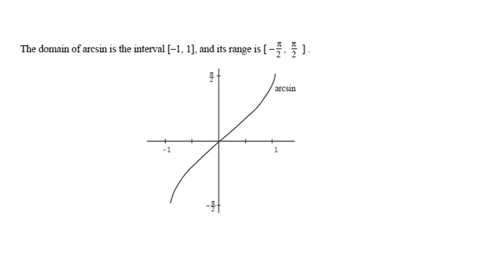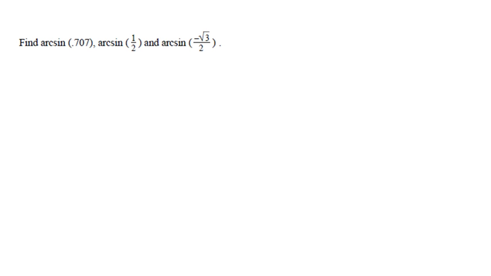So here's a graph of arc sine of x. This is all review for you. That's the domain. This is the range. Similarly, we can talk about arc cosine and arc tan. But before we do that, let's just think about what arc sine means.